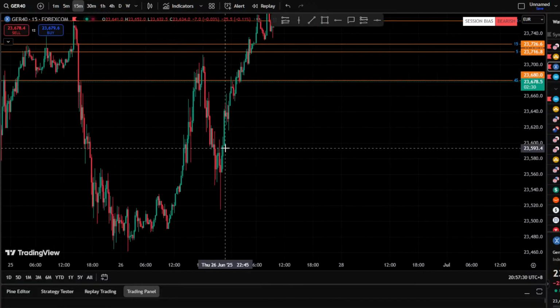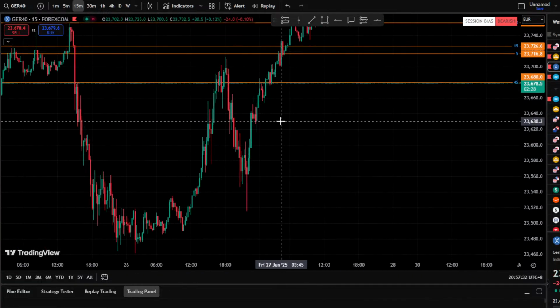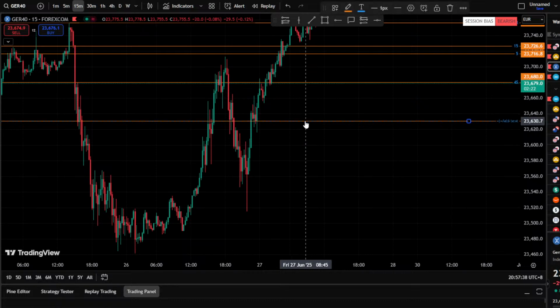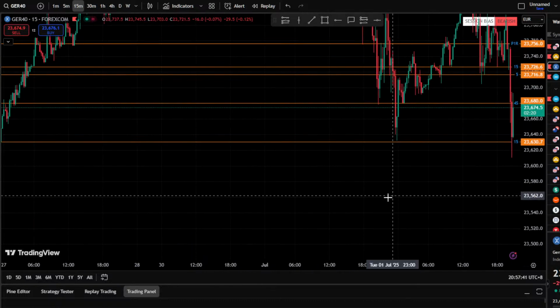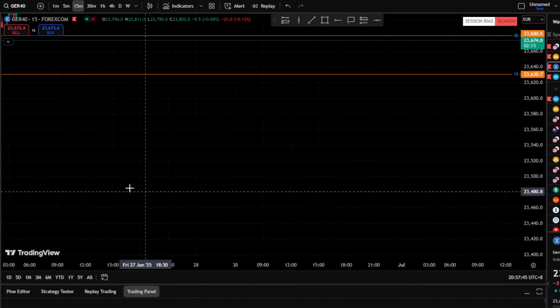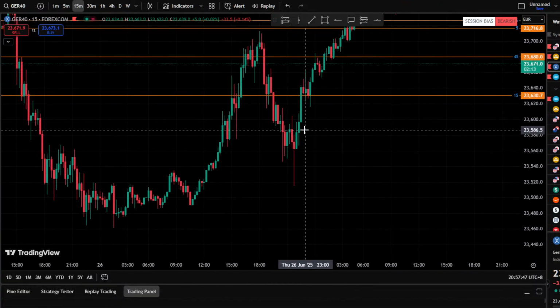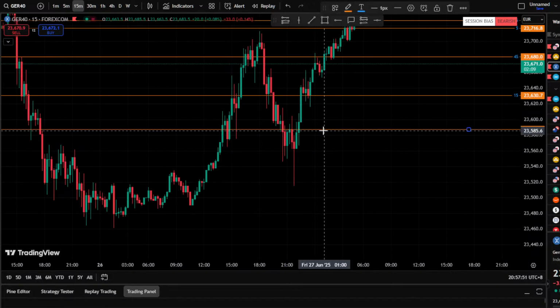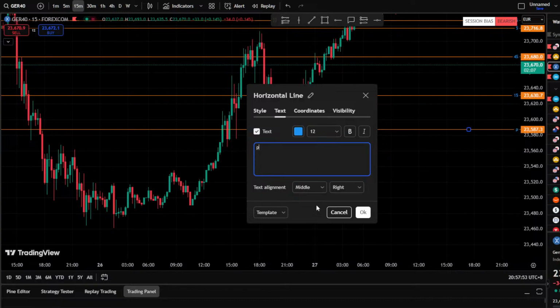So for DEX, let's just mark this level here. And after that we can see this level, which is the previous 15.